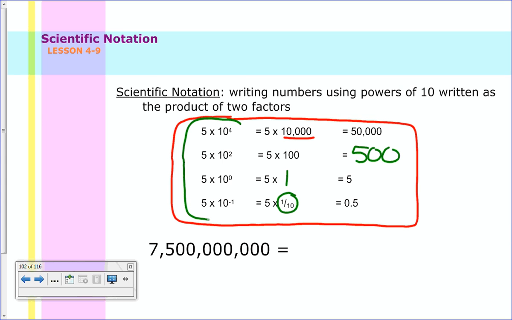This first part here is all scientific notation because we wrote it with powers of 10 of two factors. We have 5 times 10 to the 4th. Those are our two factors.